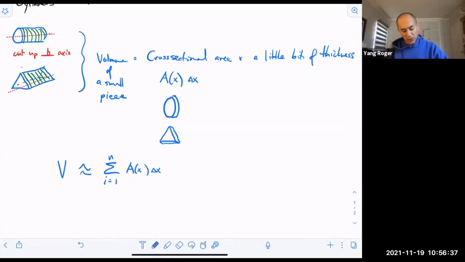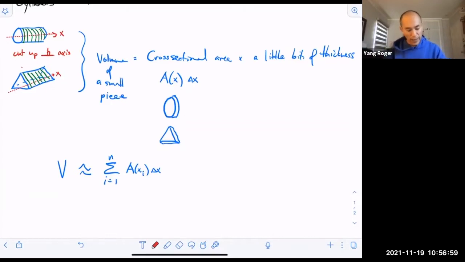Now, in principle, this cross-sectional area should depend on what your X value is. And that dotted line is representing our X-axis. Okay, so you could pretend that this is like the X-axis here.